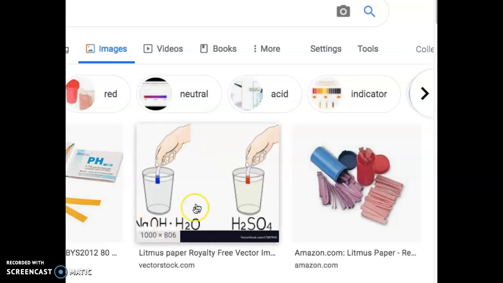So you have your hydroxide, which we know is a base, so it turns blue, and then you have your acid over here, which it turned red. So it kind of just gives you an idea of this is a base or this is an acid, where pH paper gives you a specific number for the pH scale. So it doesn't just tell you if it's an acid or a base, it actually tells you how acidic or how basic it is.